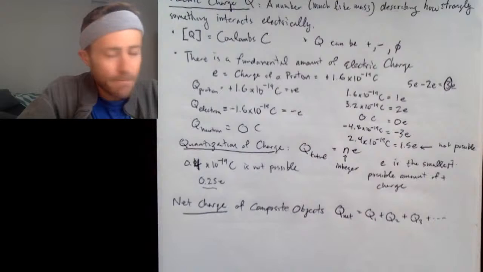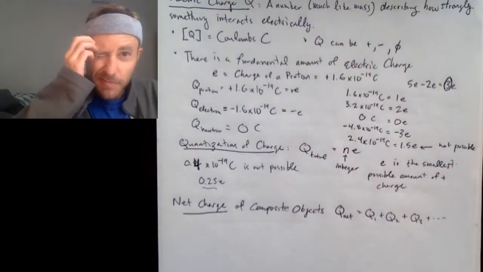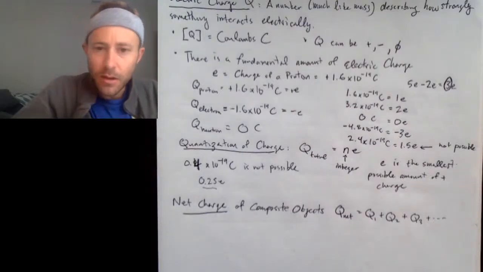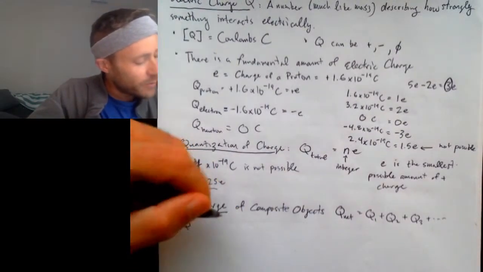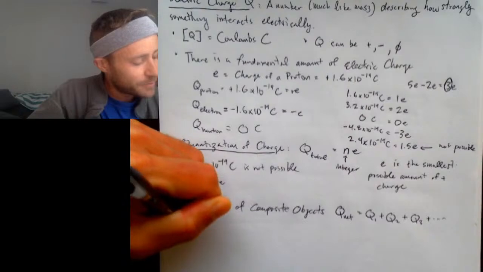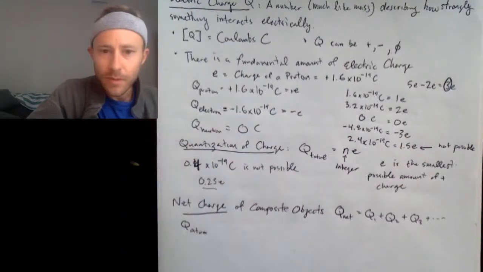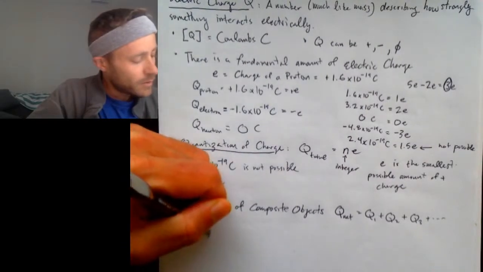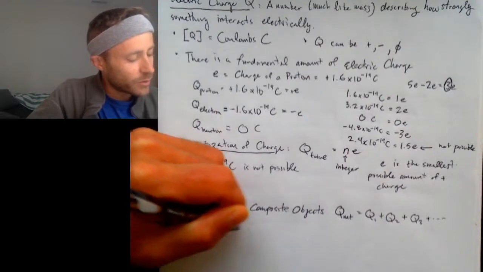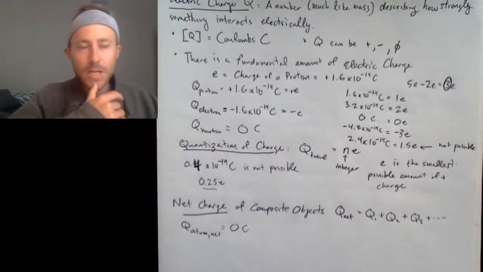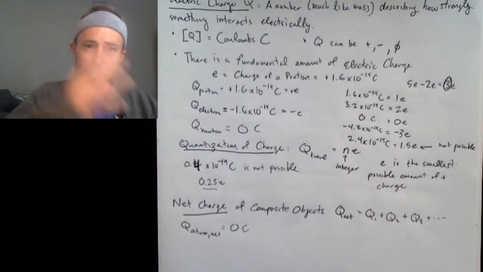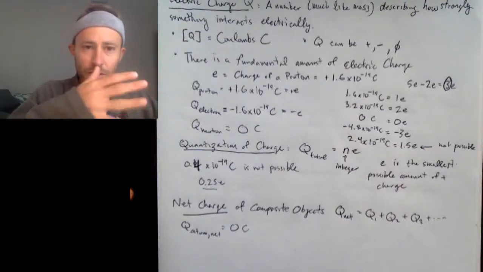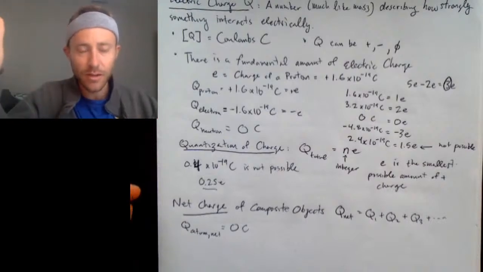Okay? So for example, the net charge of an atom is equal to 0 coulombs. Why? Because an atom has an equal number of protons and electrons, okay?